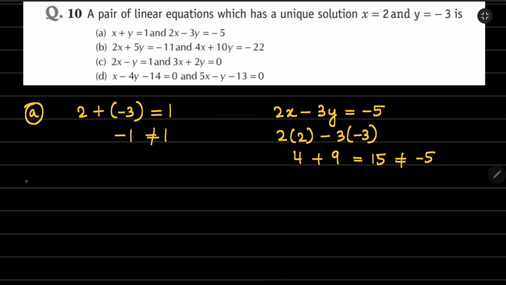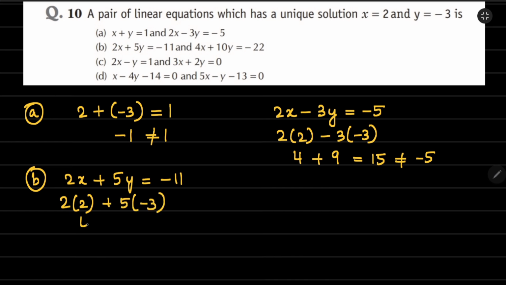Let us check with the second pair. Option B. What is it given? 2x plus 5y should be equal to minus 11. Just substitute 2 into 2 plus 5 multiplied by minus 3. So what is it? 4 minus 15 will be equal to minus 11. Right?